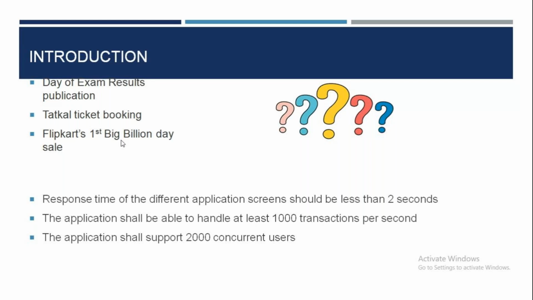Now, when I do performance testing, I verify some requirements. Those requirements we call non-functional requirements, NFRs. Non-functional requirements are very different from functional requirements. In non-functional requirements, you will get some examples like this. The response time of different application screens should be less than 2 seconds.